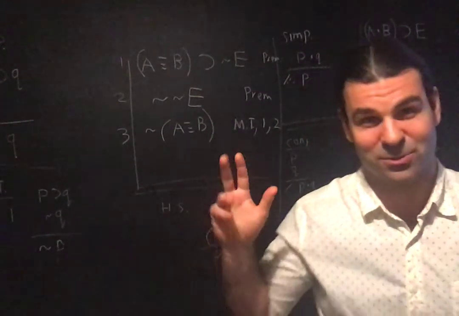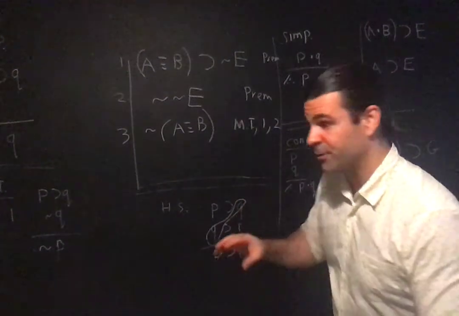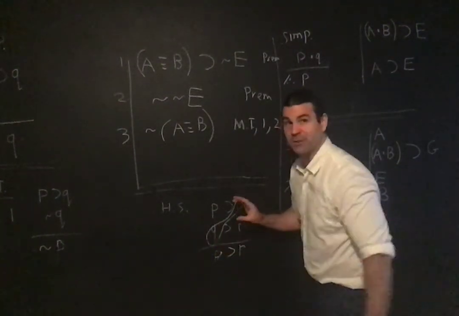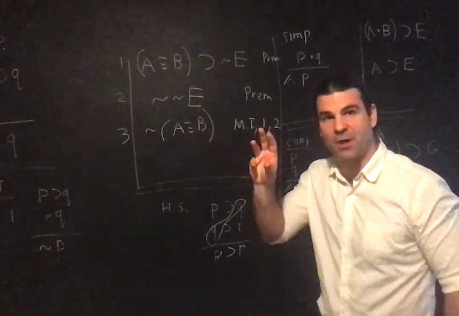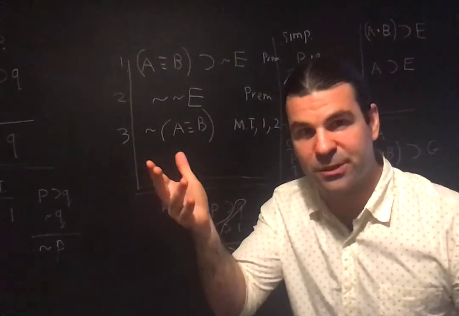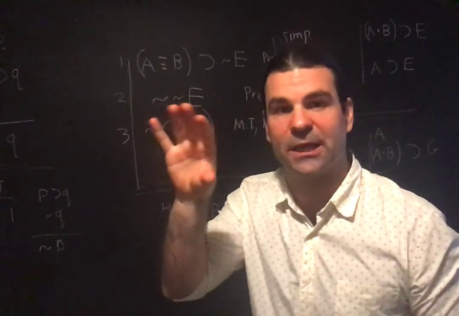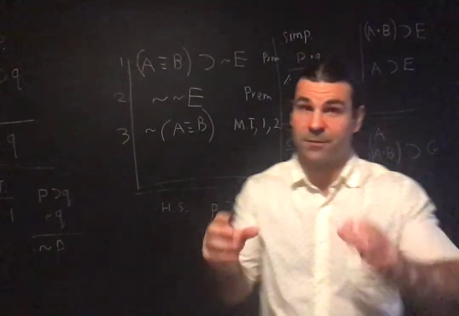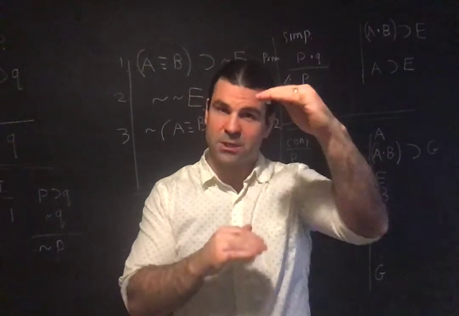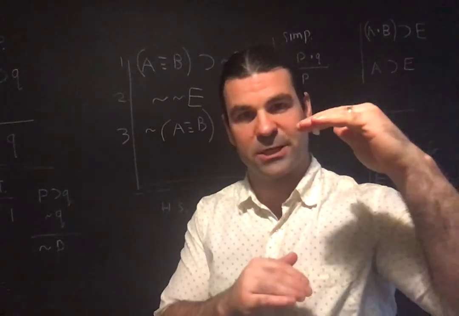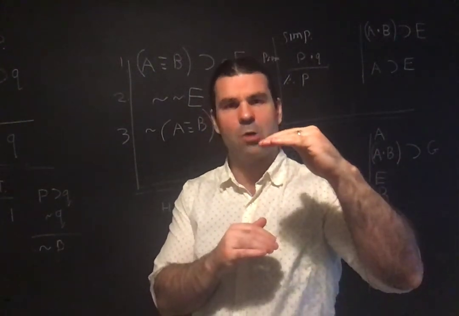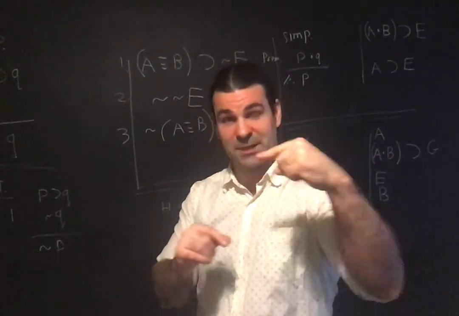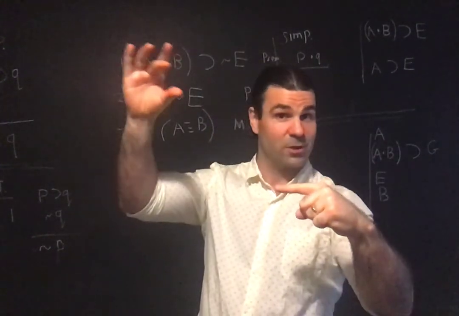This one's sort of easy to see in symbols, but the crucial thing I want to point out is that it's this identity that you need to be looking out for. You need to always have your mind on how you're going to be using this rule. What situations will I be in when I will apply this rule? If you're looking at your set of premises, you notice I've got a few conditionals here. Oh, look, the antecedent of this conditional here is also the consequent of another conditional.